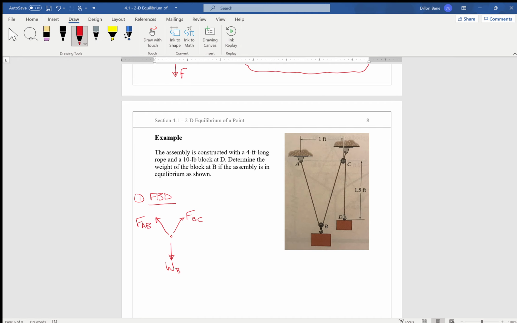But we don't know right off the bat the direction of FAB and FBC. We know that they act in these directions, but we don't know the angle or anything like that. So what if we do some geometry to figure out these angles?